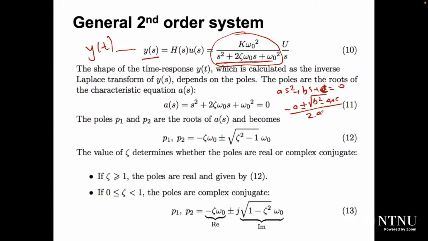If you do this, you will get those locations. If I apply this one here, P1 and P2 equal minus b, and a is the coefficient of s squared, which is 1, right? I need to check the formula.